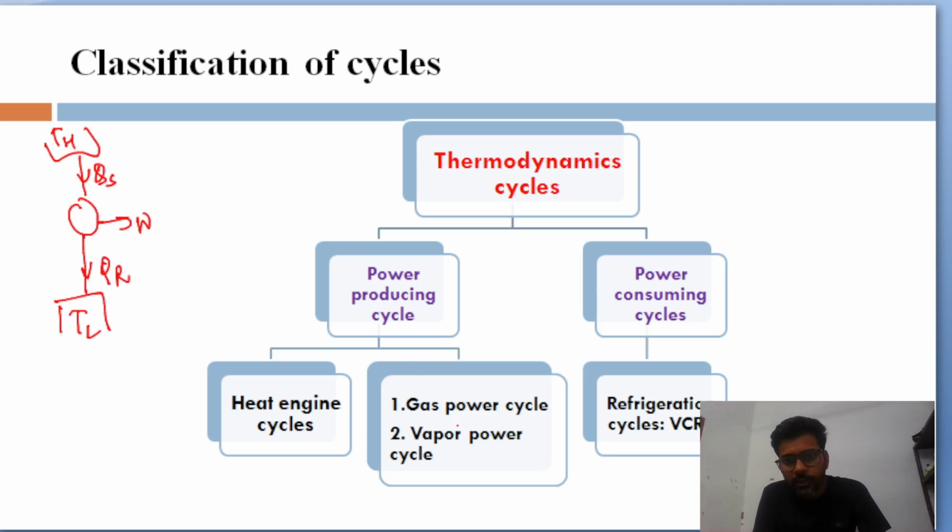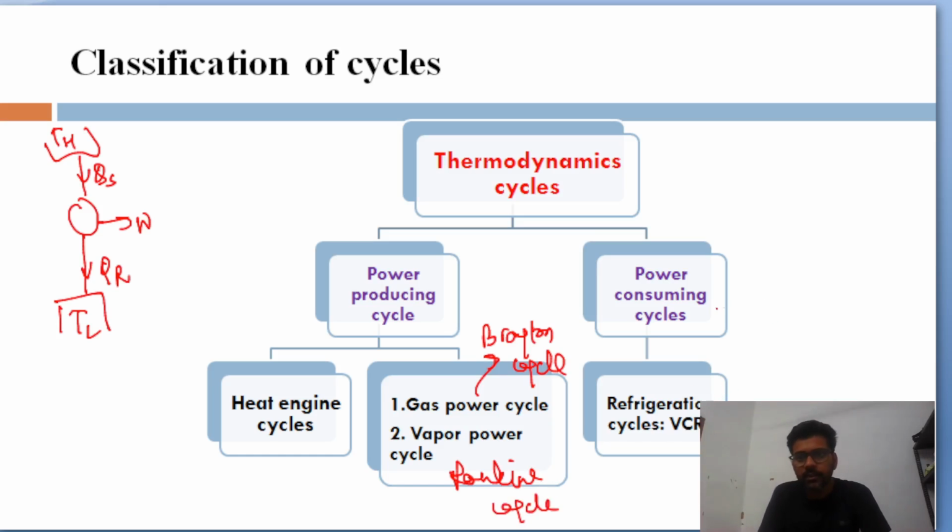And the second is the gas power cycle, in which we use gas as the fluid, and an example is the Brayton cycle. And the vapor power cycle, which we will discuss today, generally uses the Rankine cycle as a vapor power cycle.